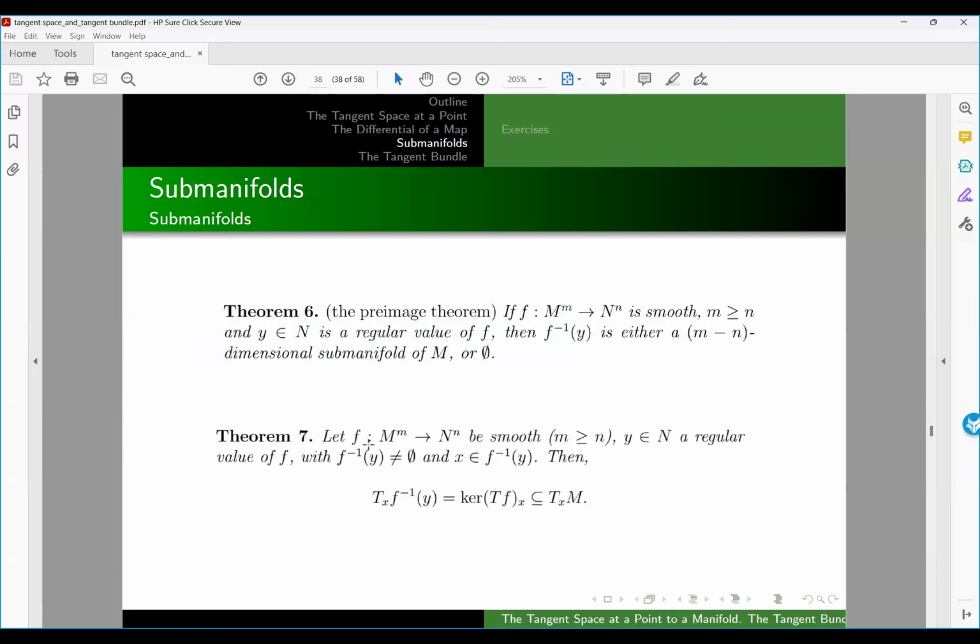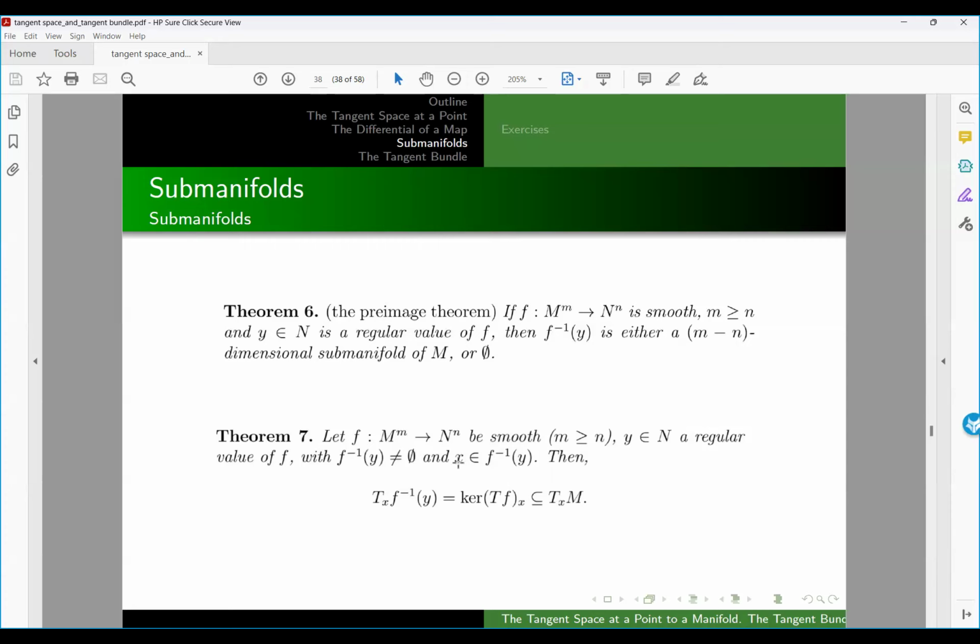Anyway, so suppose that f is a smooth map from a manifold to another one. Suppose that m is greater than or equal to n, so the dimension of the domain is greater than or equal to the dimension of the codomain, and then we take a regular value y for the function. Now we know already from what you've seen previously that f inverse of y, the pre-image of y, being non-empty, will be a submanifold of M, so a manifold itself.